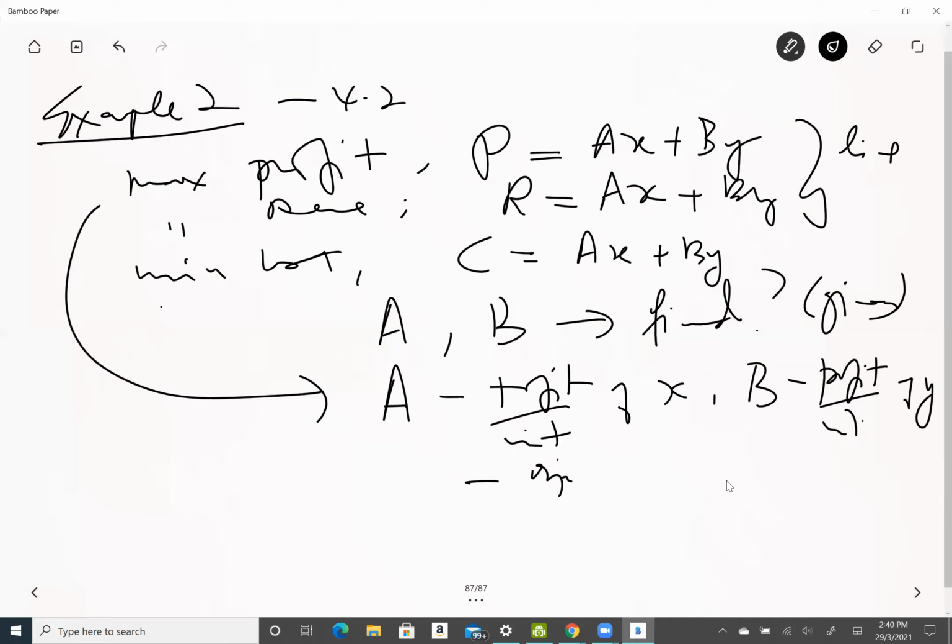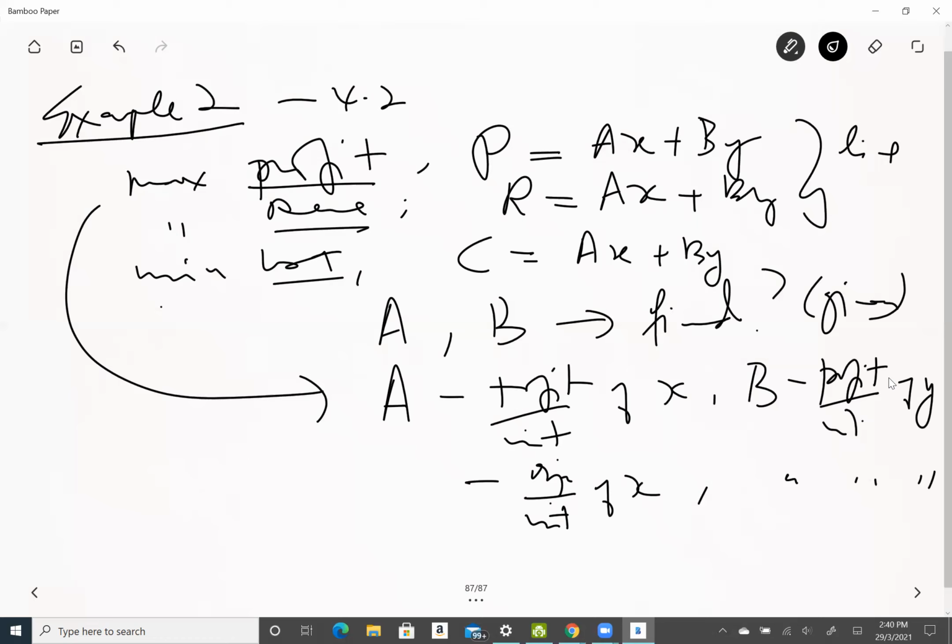They are the objective of the problem, the thing that you want to maximize or minimize, per unit of X and per unit of Y. It's not variable cost and fixed cost; for this problem we are looking at just cost per unit of X and cost per unit of Y, or whatever it is.